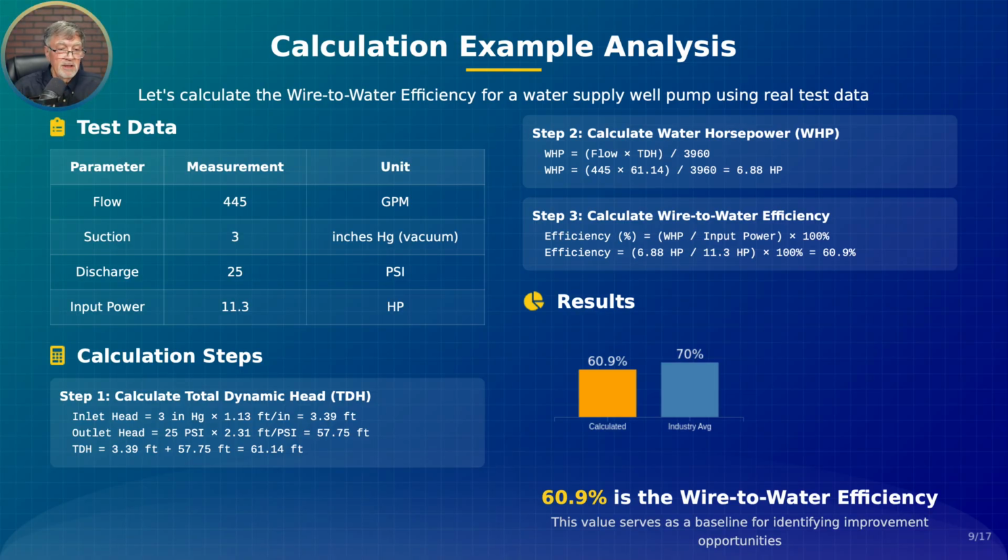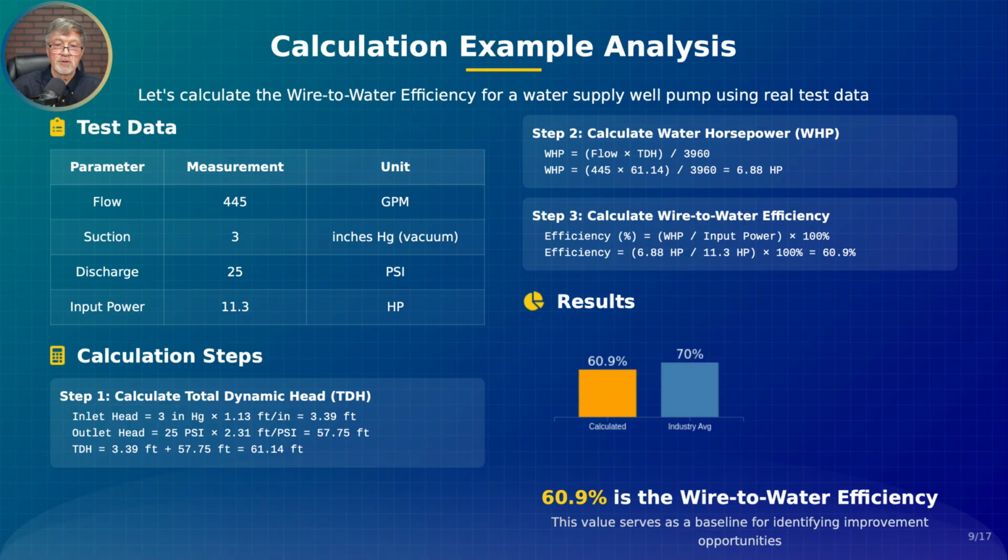Our inlet head is 3 inches of mercury times 1.13 feet per inch, which equals 3.39 feet. Our outlet head is 25 psi times 2.31 feet per psi, which gives us 57.75 feet. So our total dynamic head is 3.39 feet plus 57.75 feet, giving us 61.14 feet.